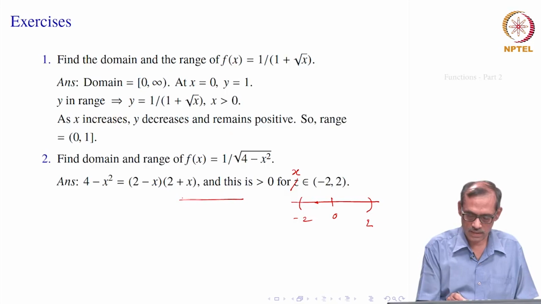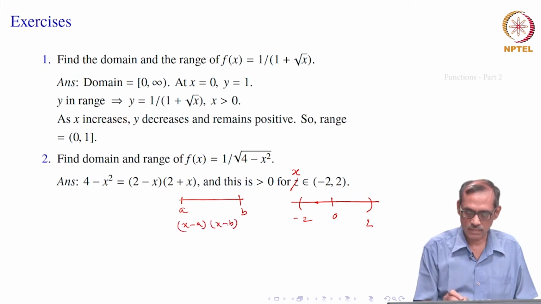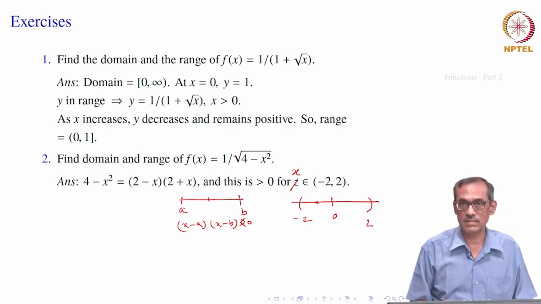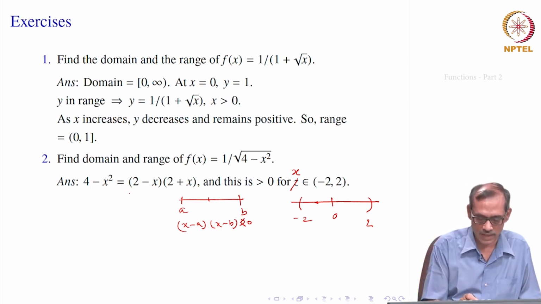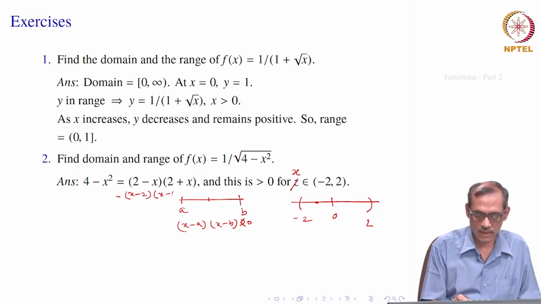If you take two numbers a and b, you see (x minus a) into (x minus b) will be positive once x is outside, because then both factors have the same sign, but if x is between a and b, x minus a is positive but x minus b is negative, so you would get the product to be less than 0 if it is inside. Now, using this same heuristic, you can write this as x minus 2 with a negative sign into x minus (minus 2).